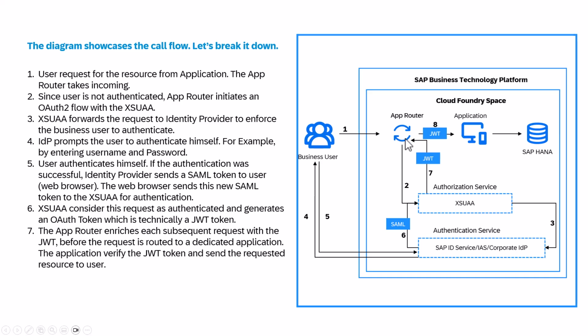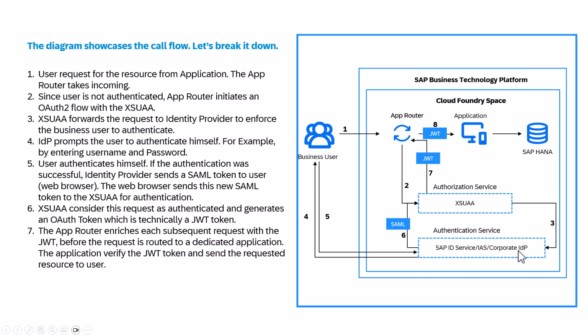And if you're not logged in, it will send your request to this XSUAA. This XSUAA in turn sends the request to your IAS, your authentication service, which in turn delegates to the corporate identity provider, which authenticates you and provides you with a SAML.